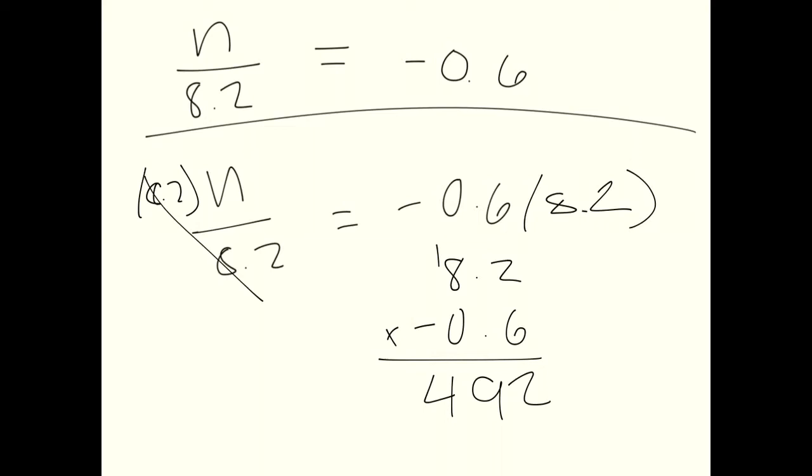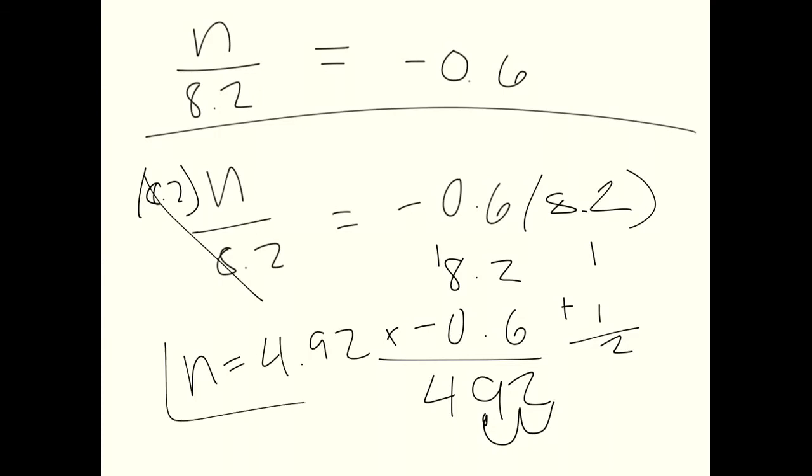Now, there is one decimal place in 8.2 and 1 in 0.6, so you will have 2 decimal places, which means you will have to move the decimal place 2 times. So 1, 2. And so n is 4.92.